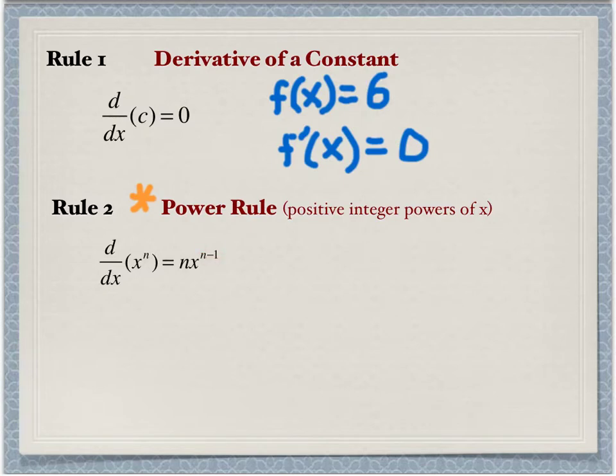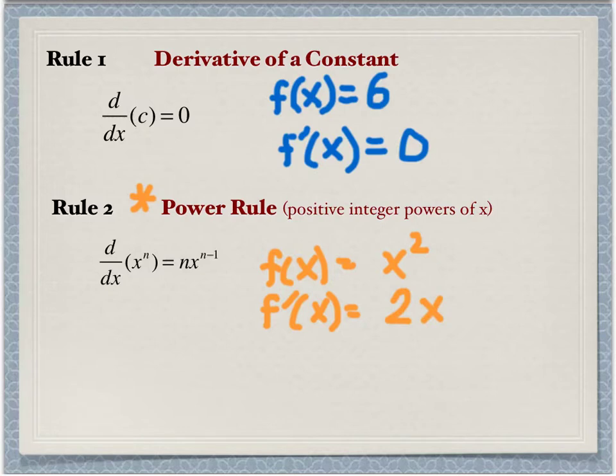For instance, if f of x equals x squared, as we've seen numerous times, the derivative will be 2 out in front, times x, and then the power decreases by 1, so it's just x to the first power. So this is a real huge one.